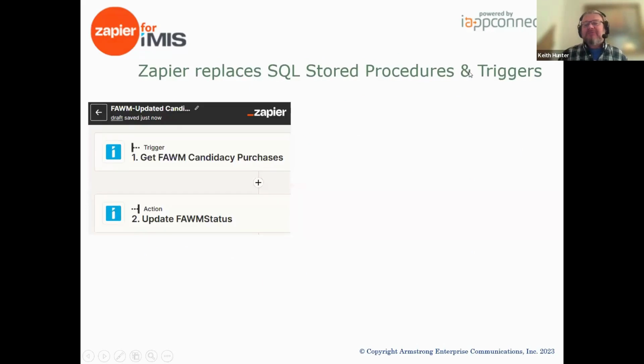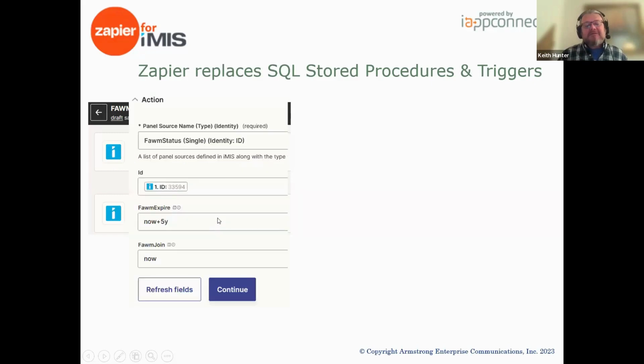So it replaces stored procedures and triggers. Here's an example of a trigger that happens. We're polling to see, is there a new purchase? And when a new purchase happens, then we perform an update to add 5 years to a membership certification, a related certification. And we can do things like math in this.